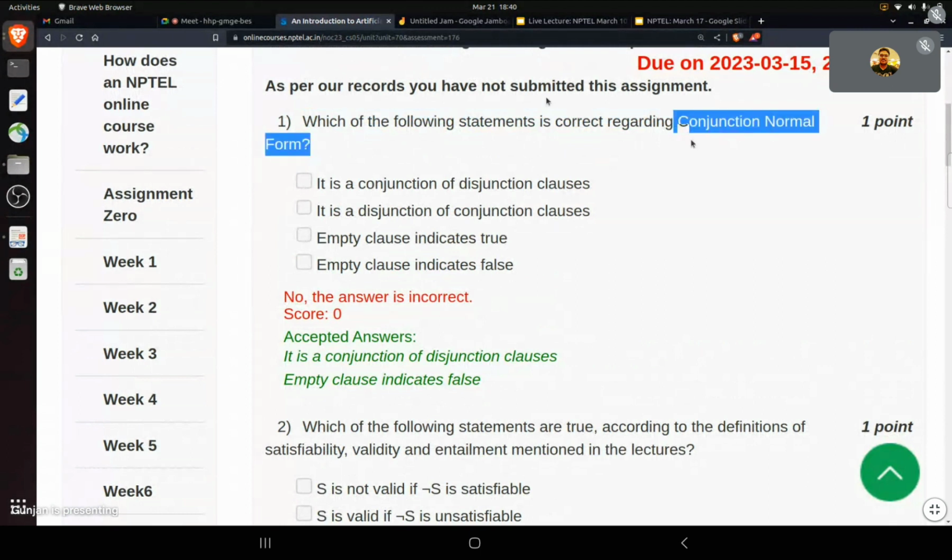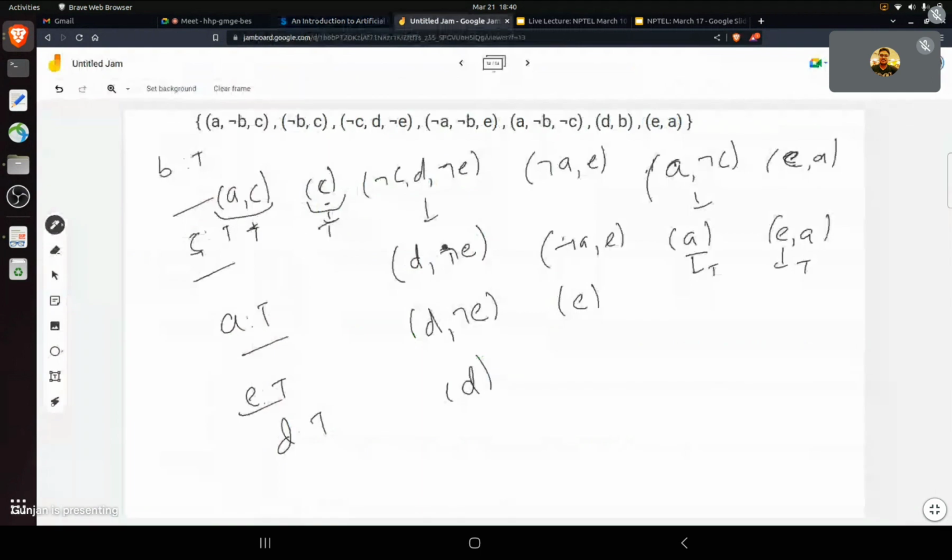Conjunctive normal form, sir, it is a combination of both the forms, sir. No. It is like a product of sum. Okay, sir. So if it is a product of sum, that means it is like this. So you understand what this notation means, right? Can you tell me what it is?